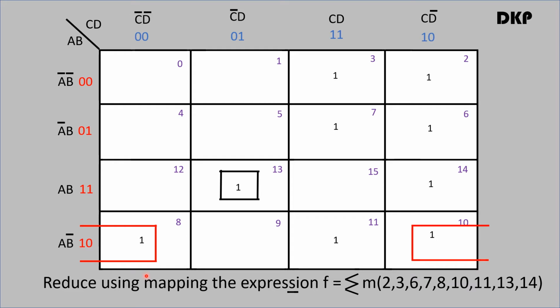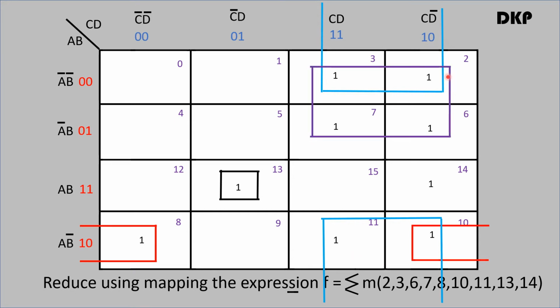Therefore, we can group these two cells M8 and M10. Similarly, we can group M11, M10, M3 and M2. And these four cells contain ones and are adjacent to each other, so we can form here a group of 4.